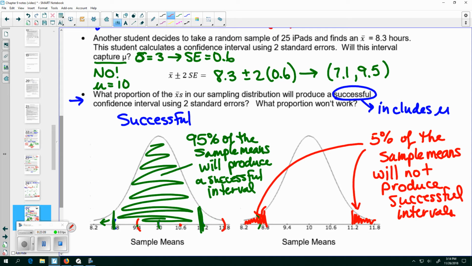But the good news here is that there's a lot more sample means that give you successful intervals than there are that don't. So that's where our idea of confidence comes from. Because this happens more often, we're confident we get one of those rather than one of these that don't work. Those don't happen very often.